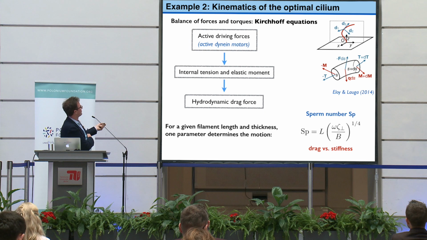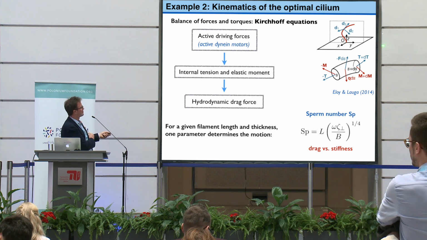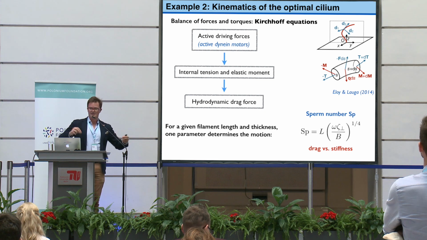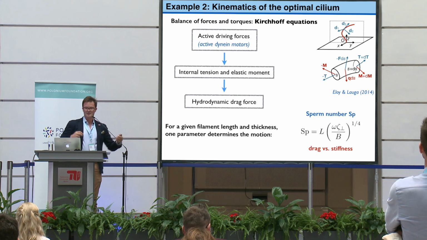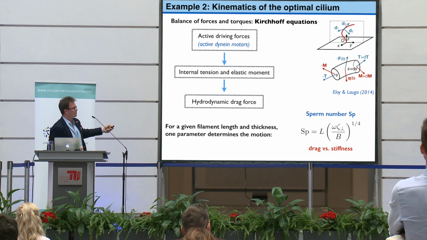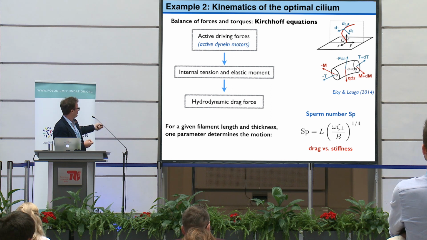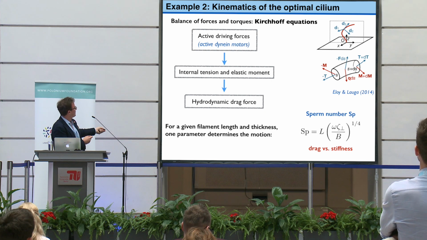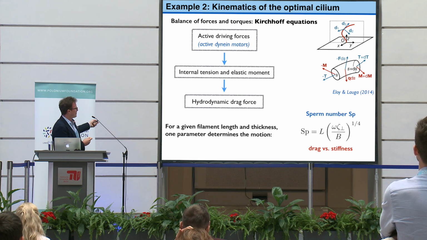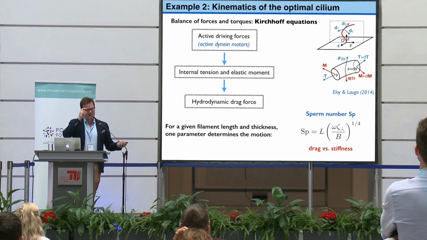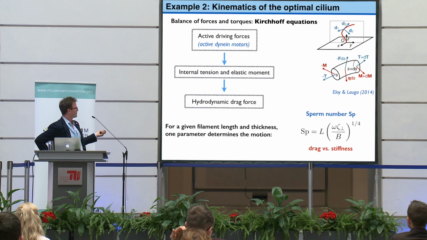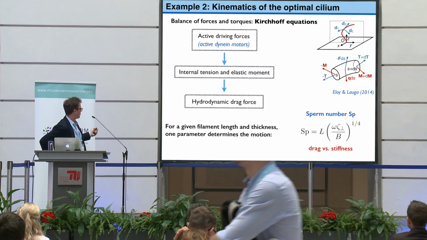So you have to think about these active driving forces that are distributed along the filament, that create internal tension and internal force moments, because it intrinsically wants to also stretch out. But moving in a fluid creates a hydrodynamic drag force, and balancing all these forces leads to a very complex kinematics.